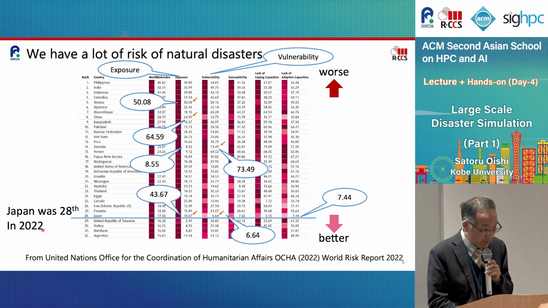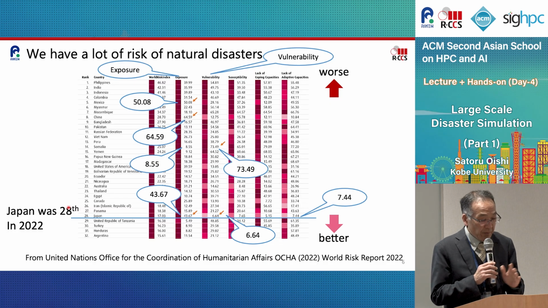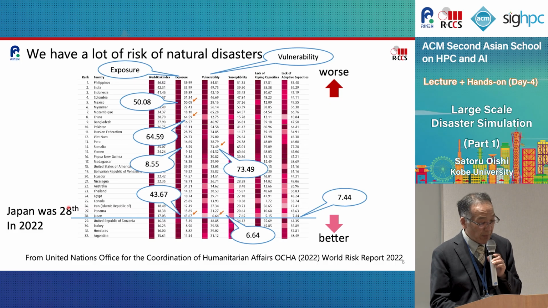In 2022, Japan was 28th. Before 2020, Japan was the third, but now, at that moment, it was 22.